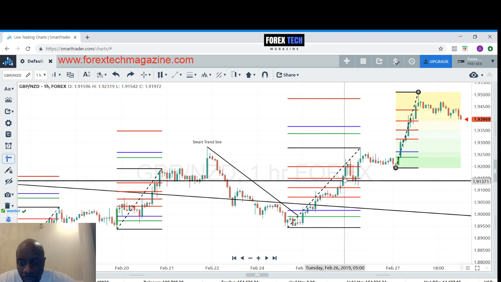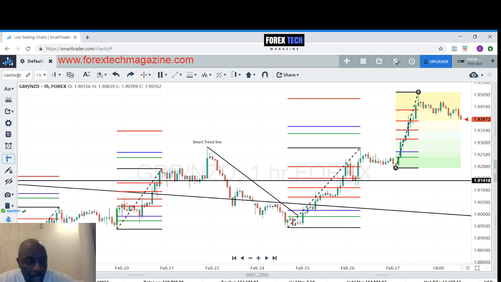Went up, tested the resistance, came back, hit the resistance again, went back up, tested it, and boom. Price hit our take profit, which is our D extension, and we were able to cash out of that one.